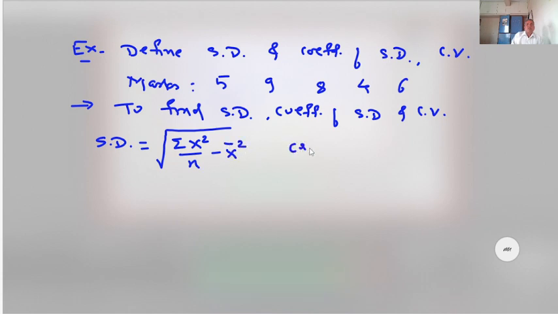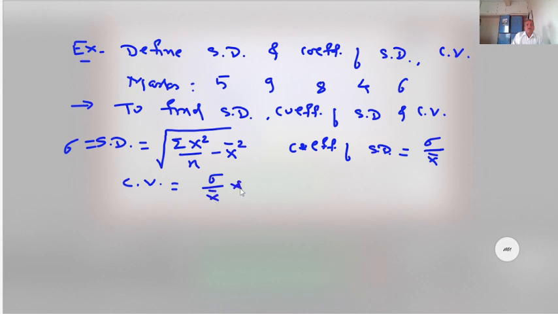The coefficient of standard deviation is equal to sigma divided by x bar. Standard deviation is nothing but sigma. And the coefficient of variation is equal to sigma divided by x bar into 100.